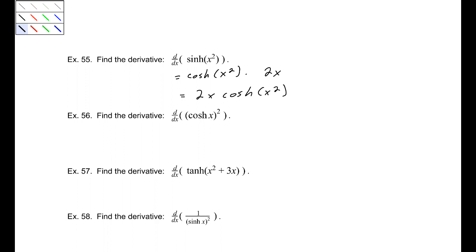Same idea with this one, except now our inside function is the hyperbolic cosine. So our chain rule would say this is 2 times hyperbolic cosine x, hyperbolic cosine of x to the first power, times the derivative of hyperbolic cosine, which is hyperbolic sine x.